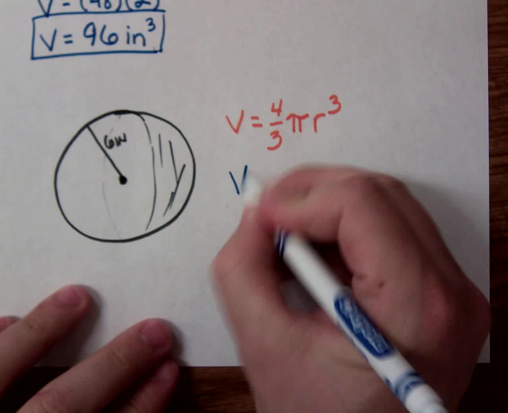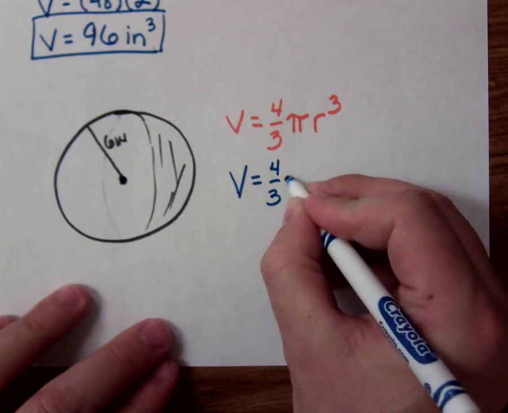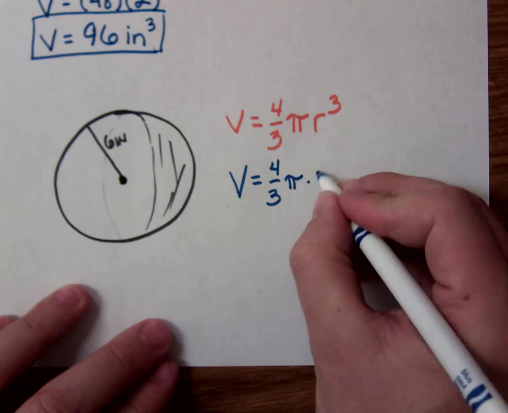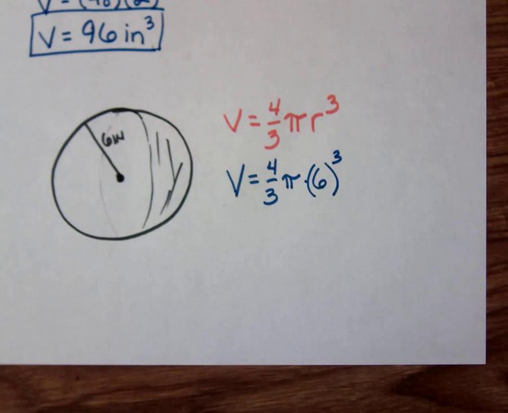So all I got to do here is take this volume formula and do 4/3 pi times the radius cubed, so 6 cubed. Whew, lordy. All right, well, we've done worse things than this.